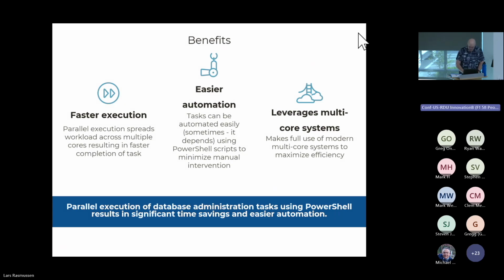Now, as far as what we're going to be talking about tonight, we will be touching on DBA tools, as Mike mentioned previously. Also, we're going to be talking about serial execution versus parallel execution. An analogy for that is a two-lane highway versus a freeway.